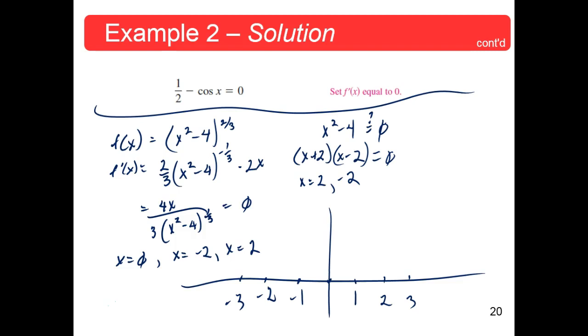Now, we know we have an undefined slope here, so that means we have a cusp or something like that. A 0 slope here, okay, and then an undefined slope there. So we do the same thing as before. We evaluate the first derivative at places on either side or in between these places.